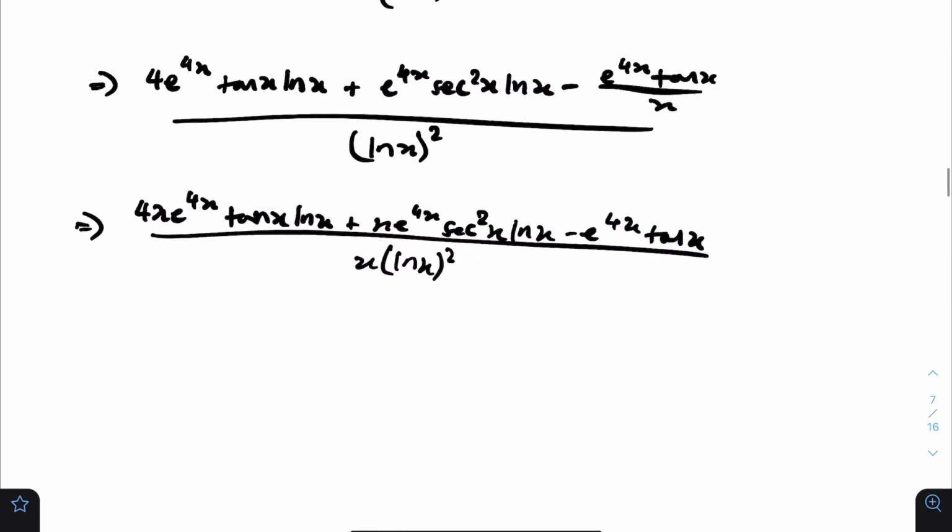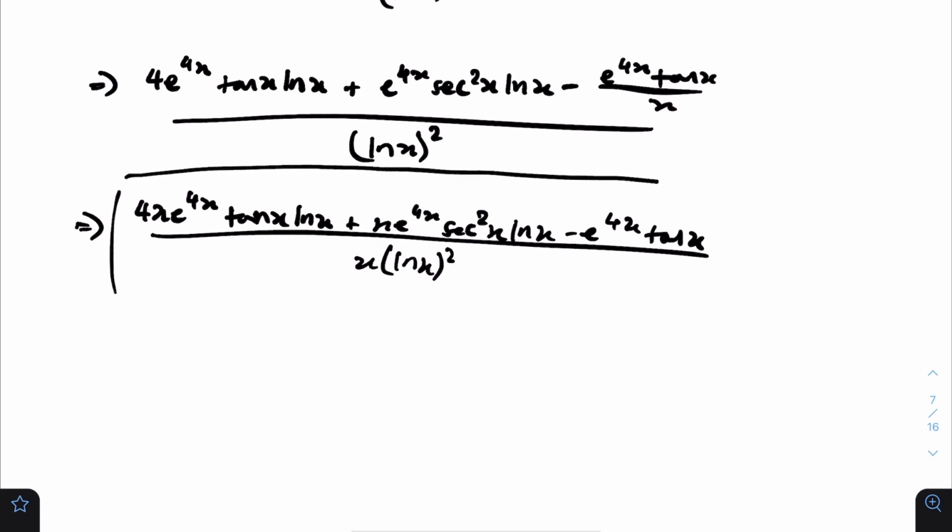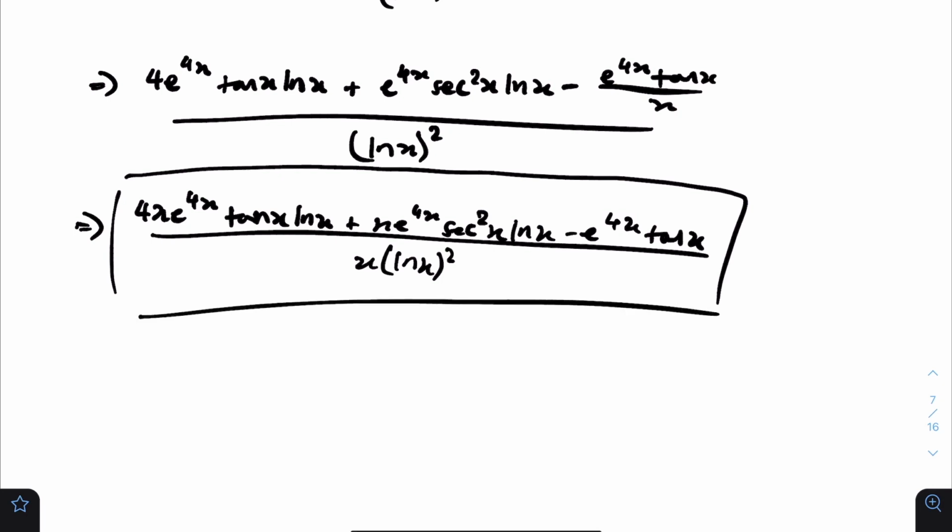You can simplify it further by factoring out e to the power of 4x, but you don't really need to. You can leave it like this, or an equivalent form. This kind of question can get really messy, but it's not a big deal as long as you've got the right terms in there. Something like that is pretty much okay.